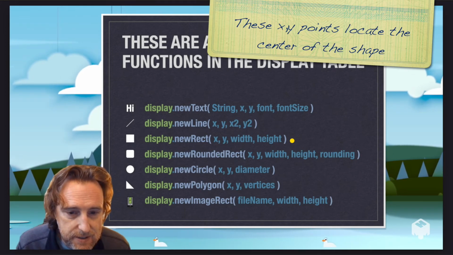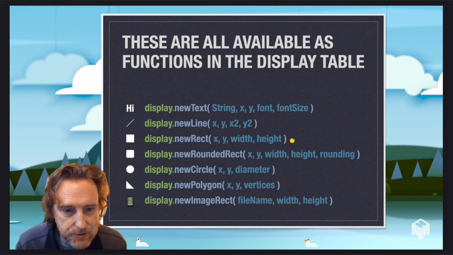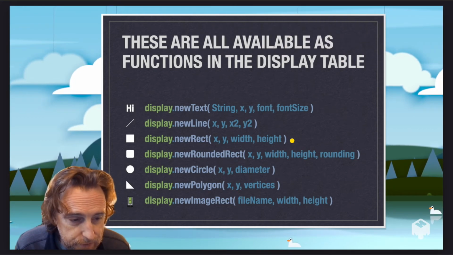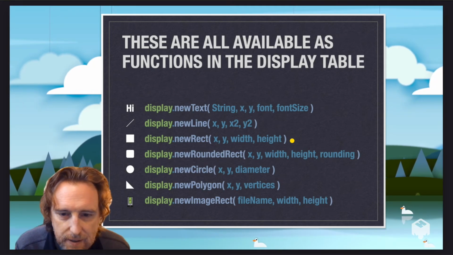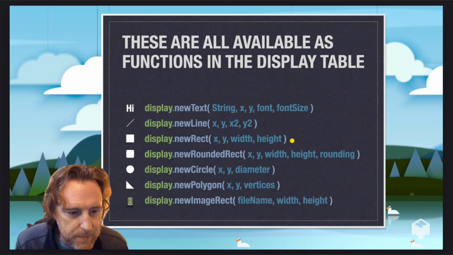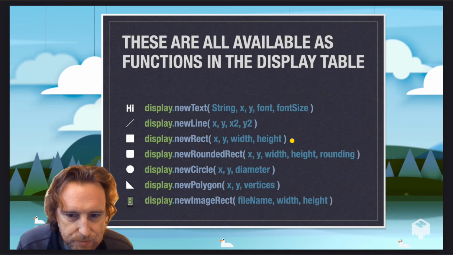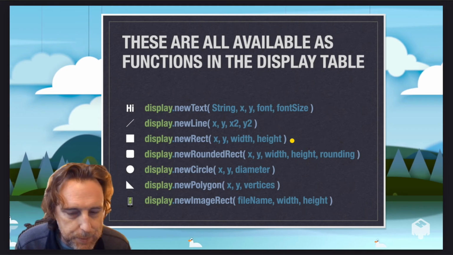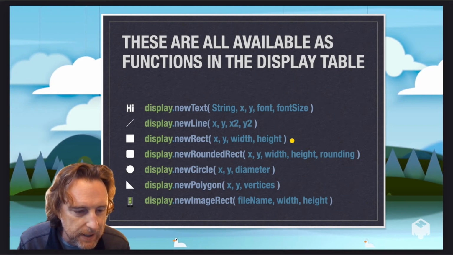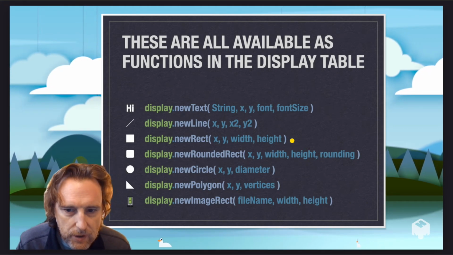That actually is a nice feature because it makes it super easy to center stuff easily on your small display. Rounded rectangle takes the same parameters as rectangle in addition to an integer number which represents the rounding you want to apply to all four corners.